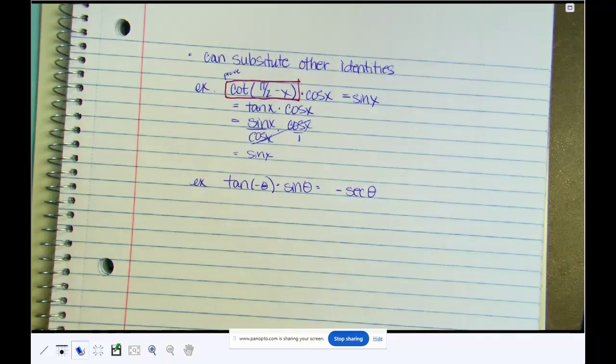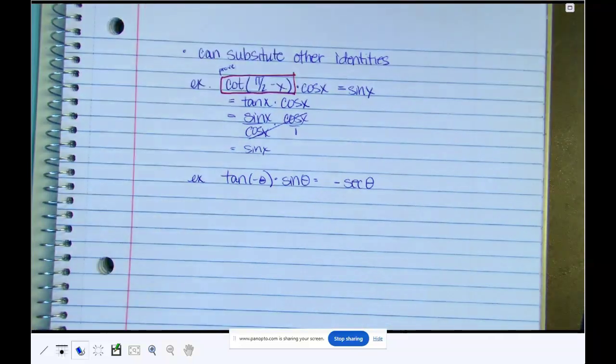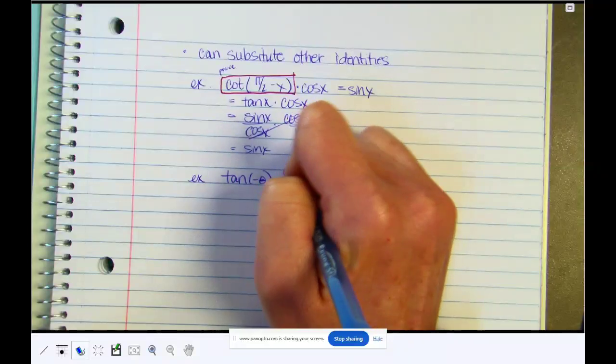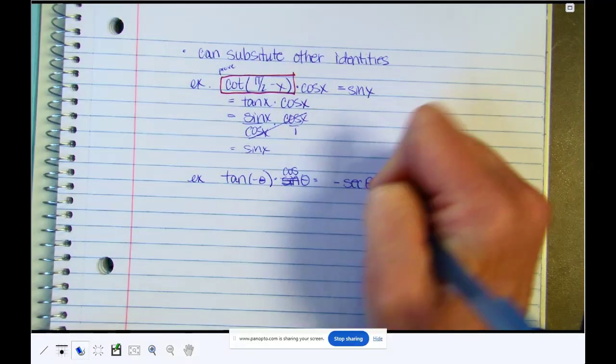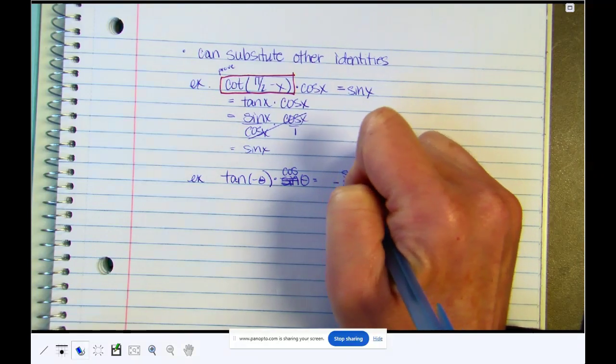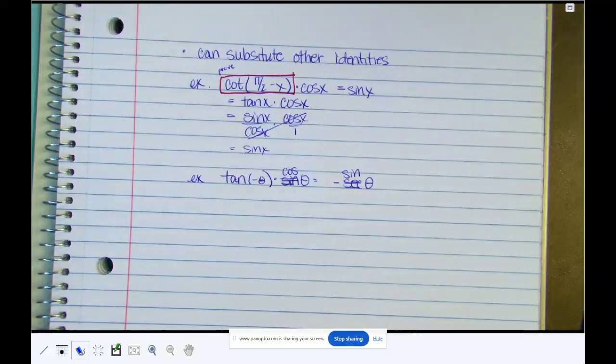It might be wrong. Nope, it's wrong. Change this to cosine. And this is sine. I'm just going to make them up as I go.